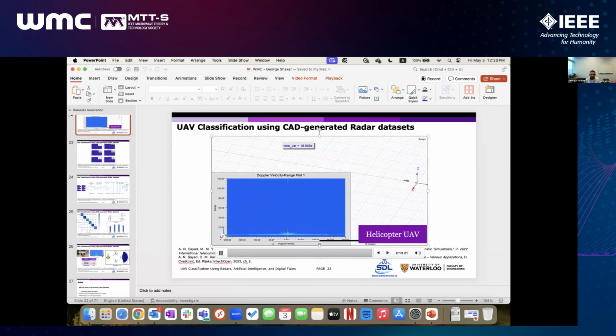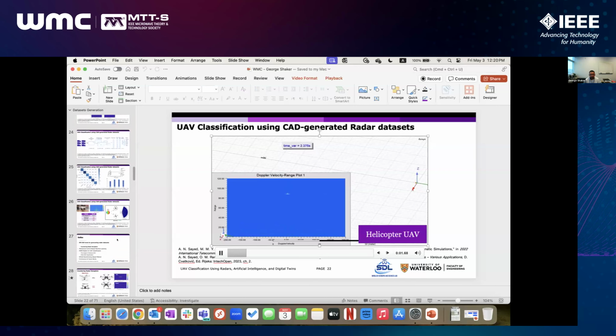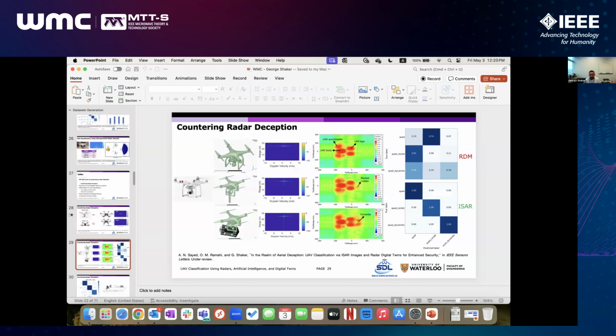And then you will end up with a very complex array of probability functions showing, well, I think this is a DJI Phantom, for example, with a trust of maybe 70% or 80%, which is very valuable in many cases, particularly for explosive detection.